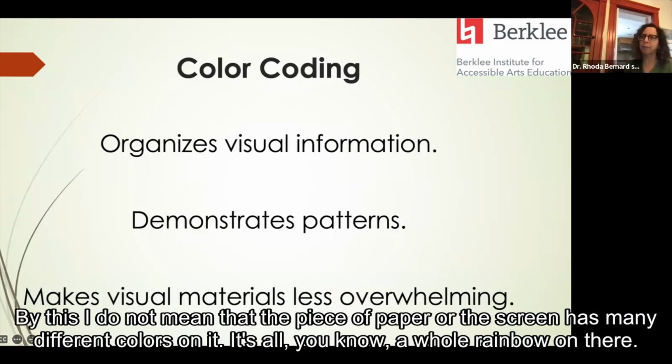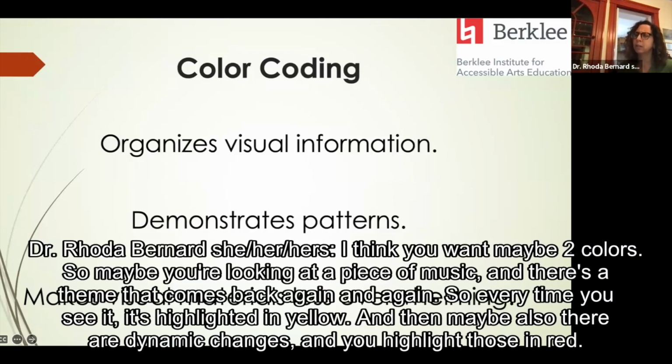By this, I do not mean that the piece of paper or the screen has many different colors on it, a whole rainbow on there. I think you want maybe 2 colors. So maybe you're looking at a piece of music and there's a theme that comes back again and again. So every time you see it, it's highlighted in yellow.